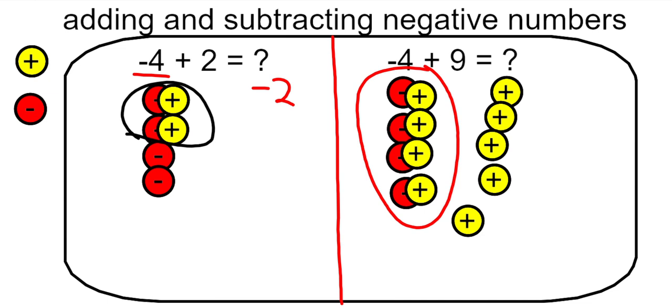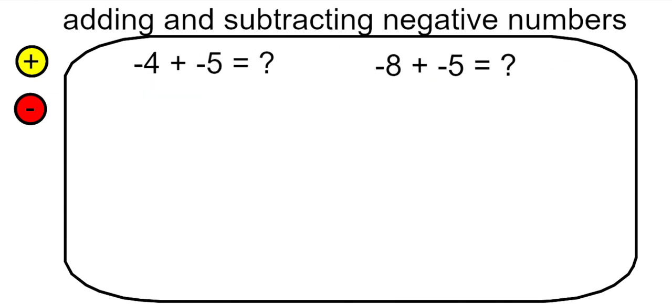Instead, I'm going to be left with the 5 positives that I'm going to count over here on the right: 1, 2, 3, 4, 5. So my answer is a positive 5. Now, I do not need to write a positive sign because all numbers are positive unless we tell you otherwise.